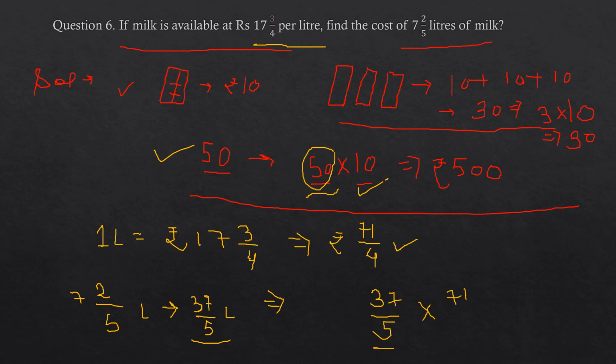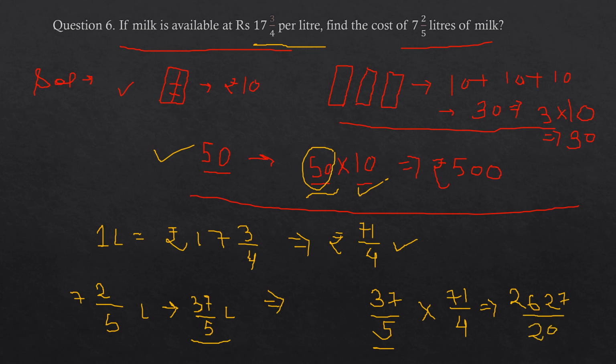Okay, now you will not see any common factor between numerator and denominator, therefore we will just multiply the numerator and denominator. And if we multiply 37 by 71, we will get 2627, and 5 into 4 gives us 20, right?